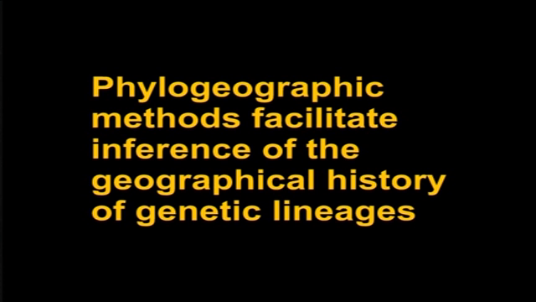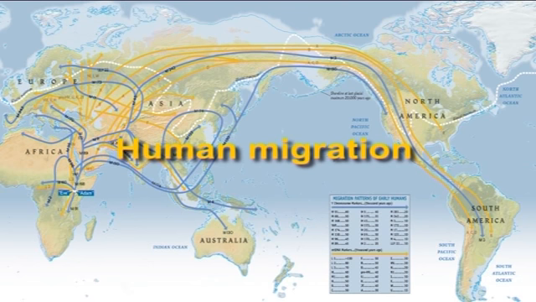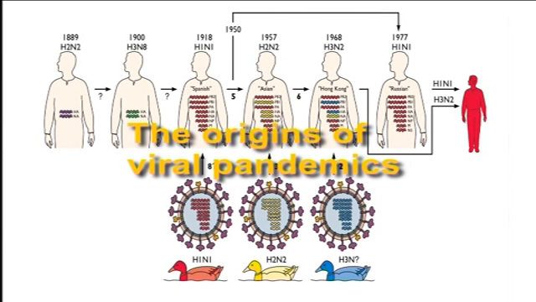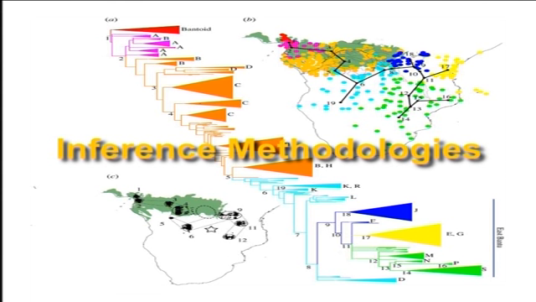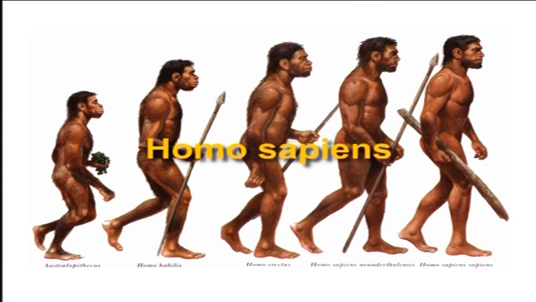Phylogeographic methods facilitate inference of the geographical history of genetic lineages. Recent examples explore human migration and the origins of viral pandemics. There is long-lasting disagreement over the use and validity of certain phylogeographic inference methodologies. Phylogeography has also proven to be useful in understanding the origin and dispersal patterns of Homo sapiens.